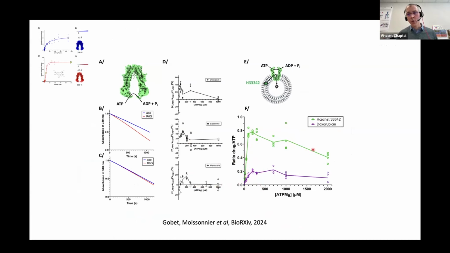And then when we go to much higher concentrations of ATP, where the drugs no longer have an effect, the efficiency decreases, meaning that more ATP is hydrolyzed than substrate transported. For ABC transporters that's very important, because it means that those two activities are completely uncoupled.